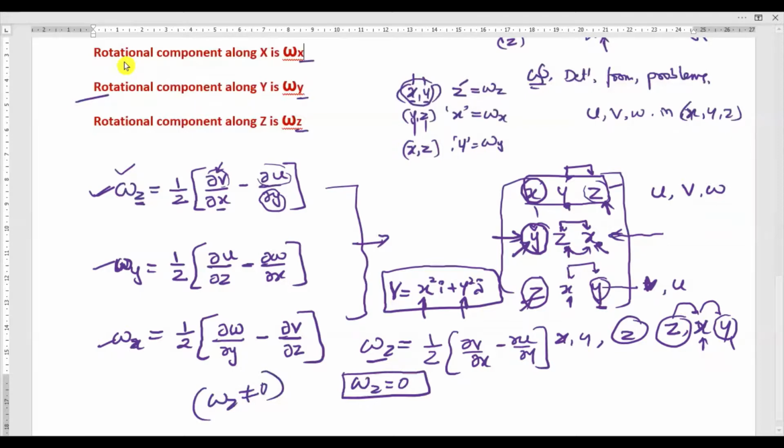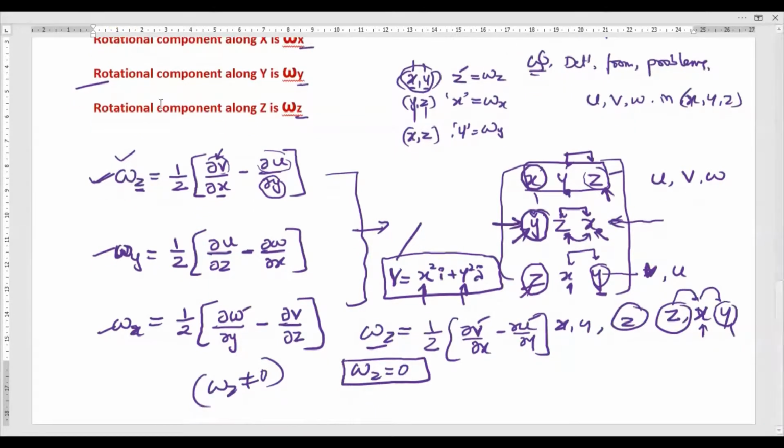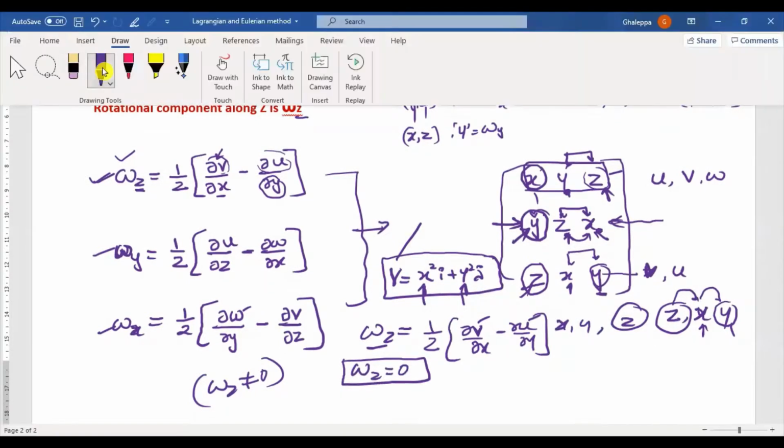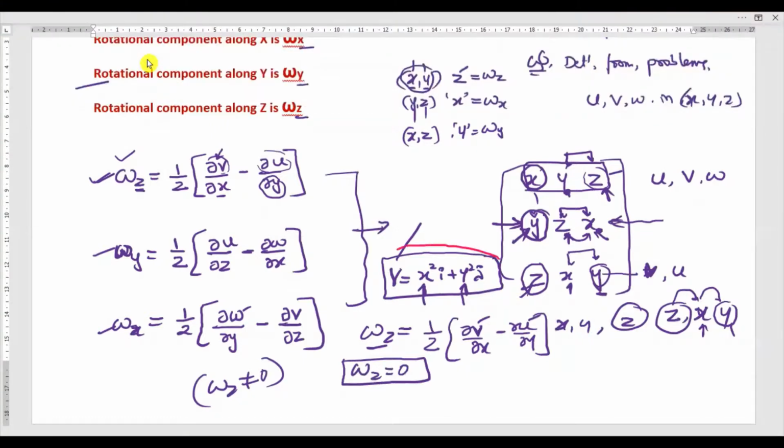Okay, now the question arises, sir, velocity V is given, but here there are u, v and w, so how to find these components of velocity u, v as well as w? Dear student, the velocity function he has given, this equation you need to compare with velocity V is equal to ui plus vj.